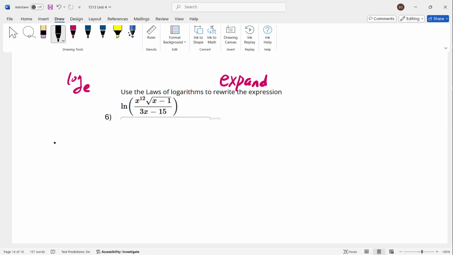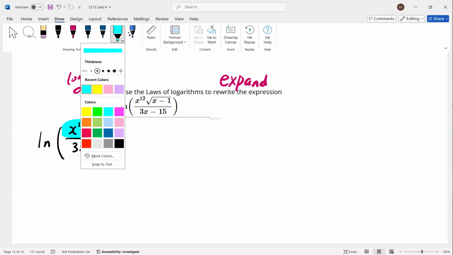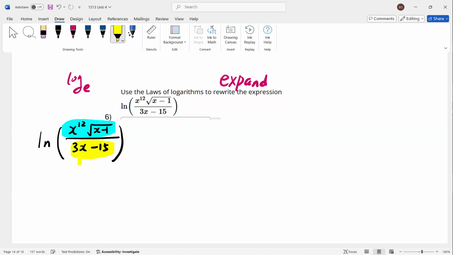So let's look at the structure of the argument. We have x to the power of 12, square root of x minus 1, all over 3x minus 15. Analyze the structure of the argument. Numerator is blue, denominator is yellow. The structure of the argument is a quotient, blue over yellow. The bigger structure is a quotient, so we are going to apply the quotient rule.